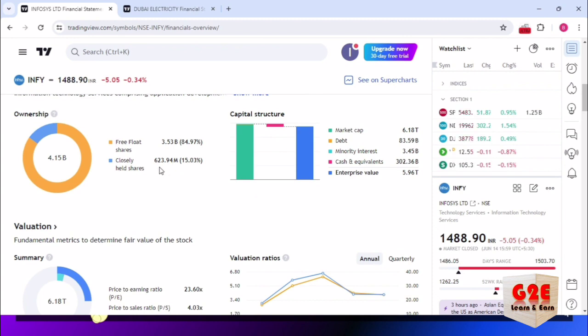Normally people say the closely held share percentage should be higher compared with the free float share. In a sense, that company will be better, meaning the company management is managed in a proper way. That is what they will say. In Infosys, you can see the free float share is higher compared with the closely held.